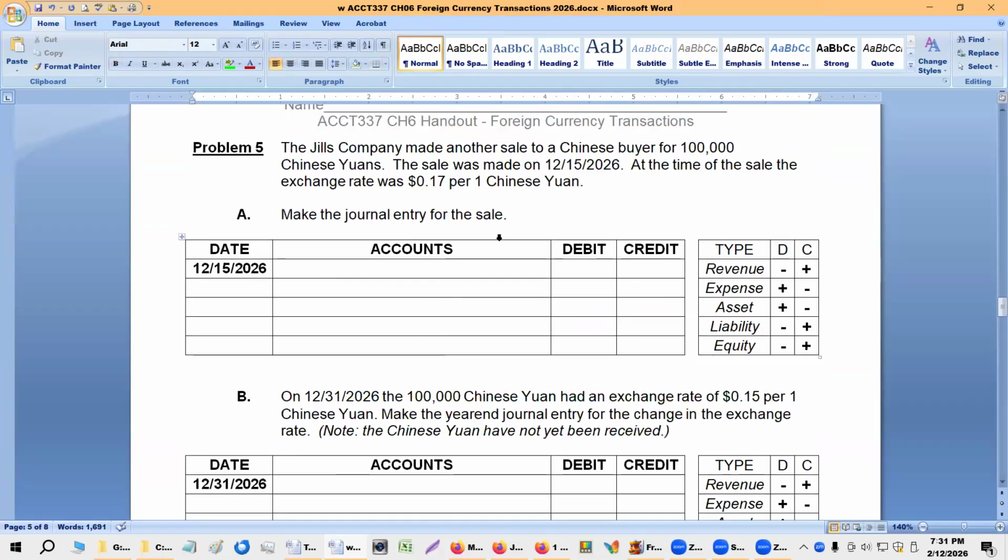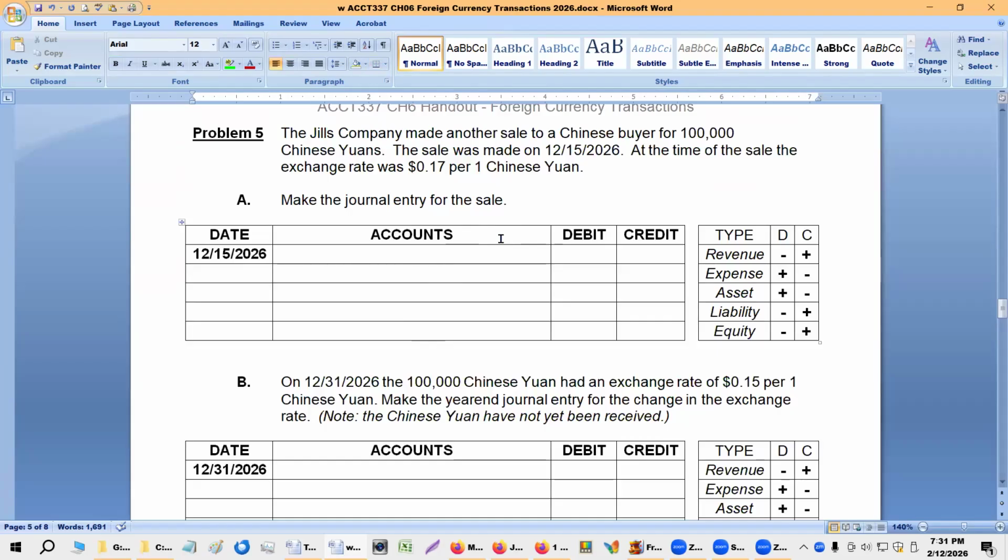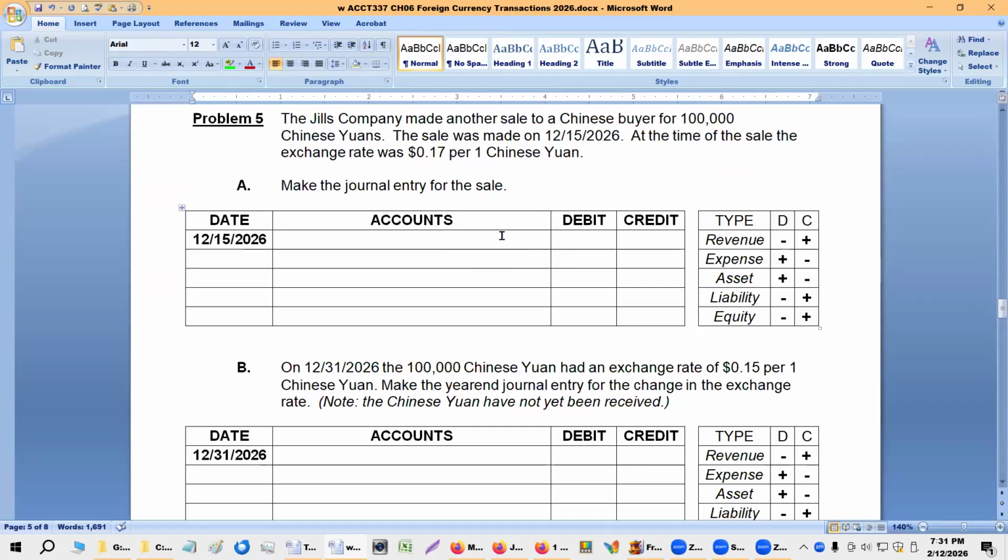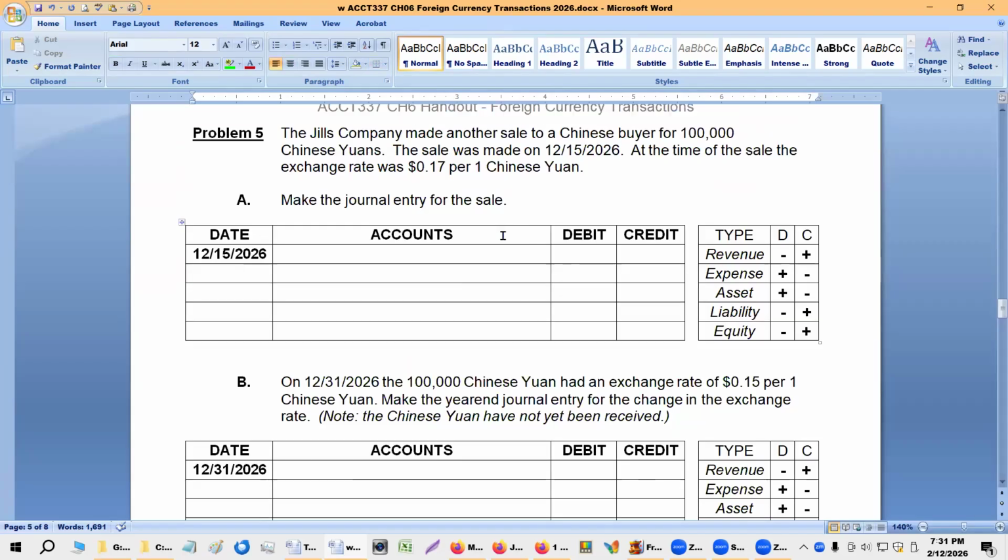Okay, another one. Do your best with this one. See if you can figure this one out.